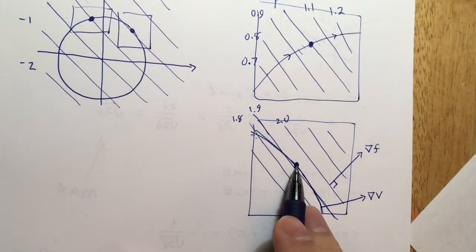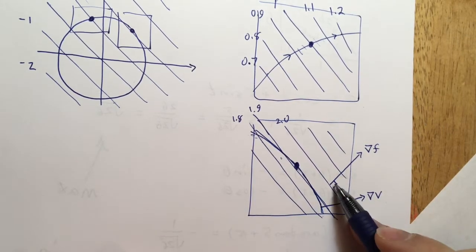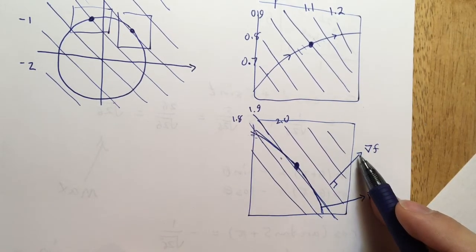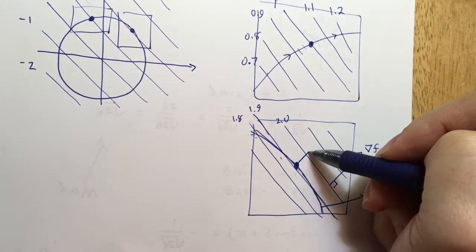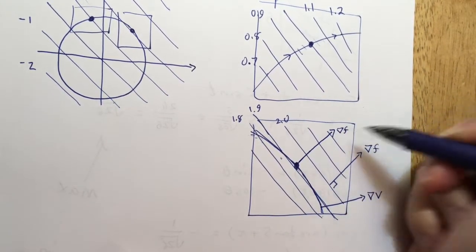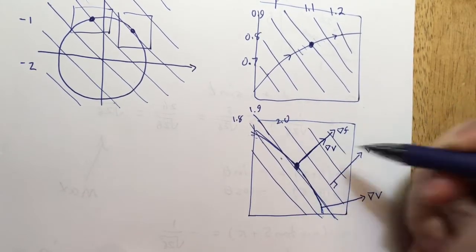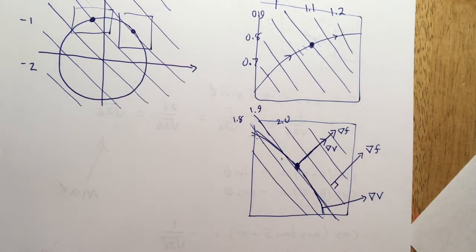What's happening right here? Well, right here, because the curves are parallel, the gradient vectors must be parallel as well. So here, the gradient vector for the level curves, grad f, is parallel to the gradient vector for the constraint curve.